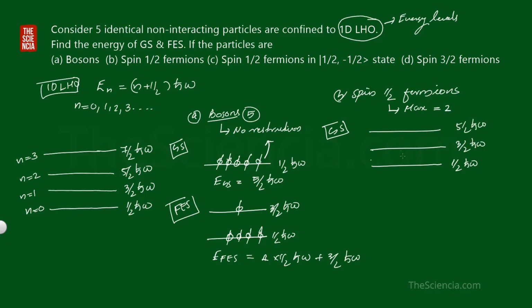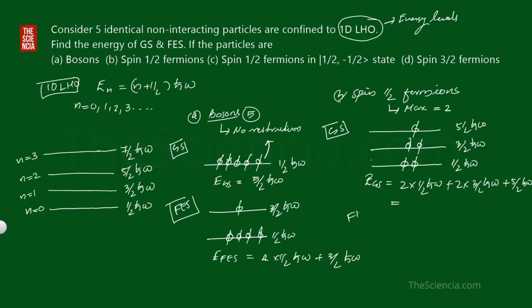So there are a total of 5 particles. So 2 can fill here, the next 2 can fill here, and 1 fills here. That is, the ground state energy is equal to 2 particles in the half h cross omega state plus 2 particles in the 3/2 h cross omega state plus 1 particle in the 5/2 h cross omega state. So you will get the ground state energy.